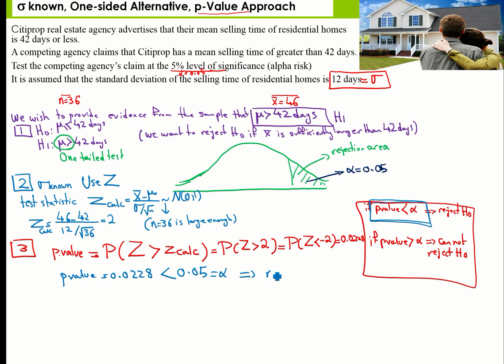So we reject H0. It is the fourth step: make the decision. Why? Because it tells us that z calculated lies in the rejection area if the p-value is smaller than alpha.